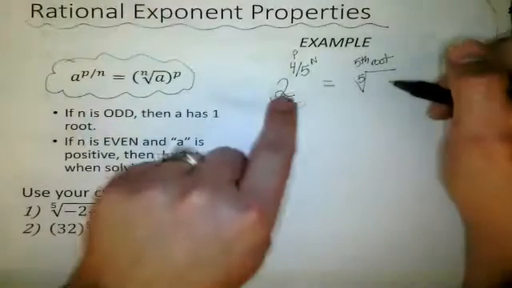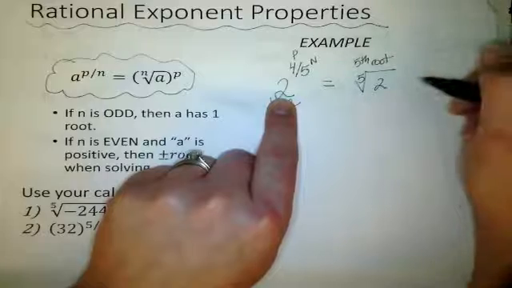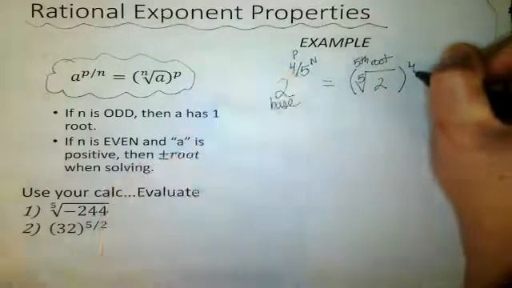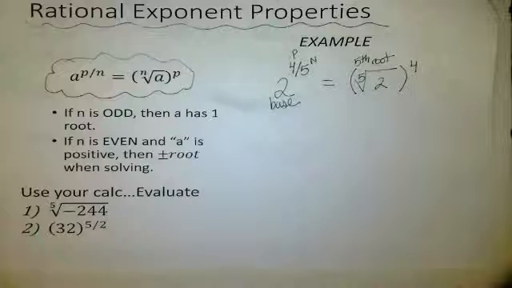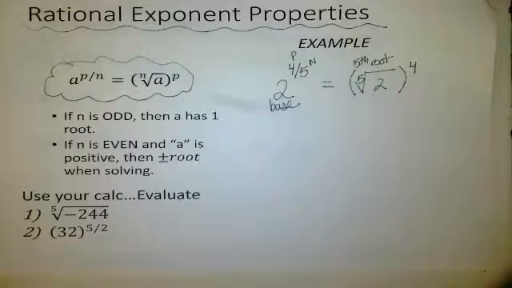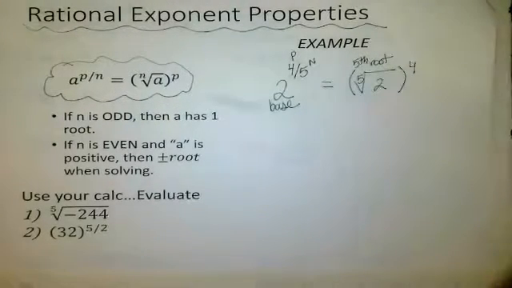Then we will have the base underneath, and that is all to the power of 4. So you need to know that it's power over index. The index is the number in the elbow. The power is on the outside.